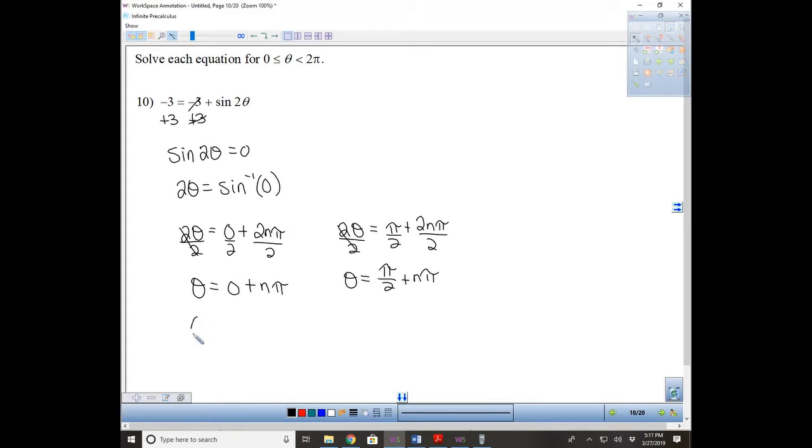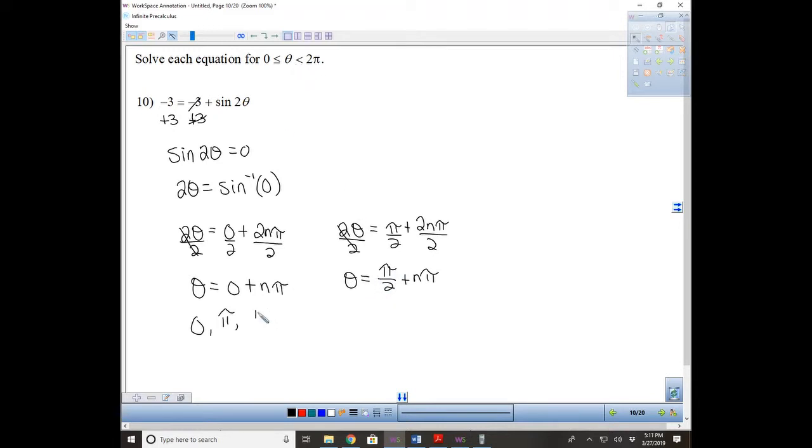Okay, so I start with 0 and I add pi. So 0 plus pi is pi. All right, and then I add pi, and that would give me 2 pi, but we're not including 2 pi. And I know it's on my answer key because I just caught that, but 2 pi is not an answer. We don't include the 2 pi. All right, so that's too big.